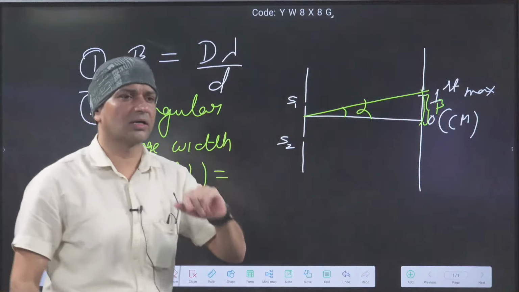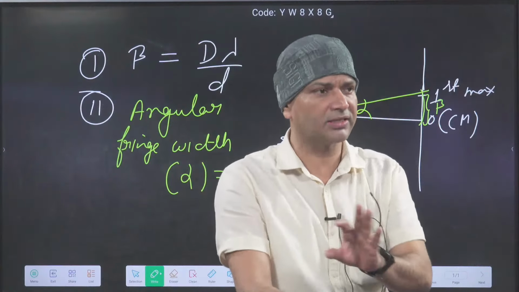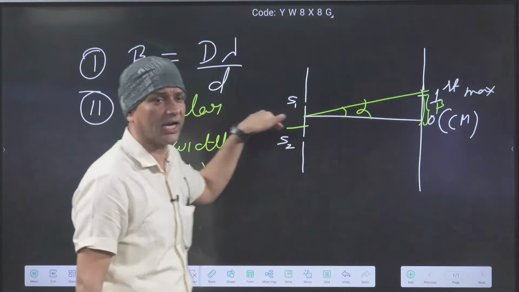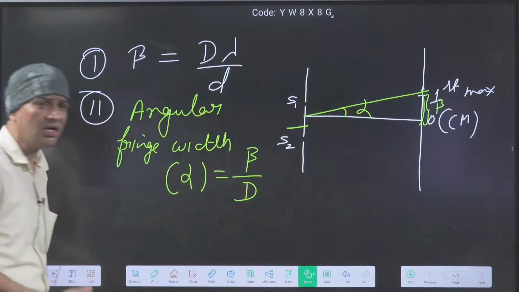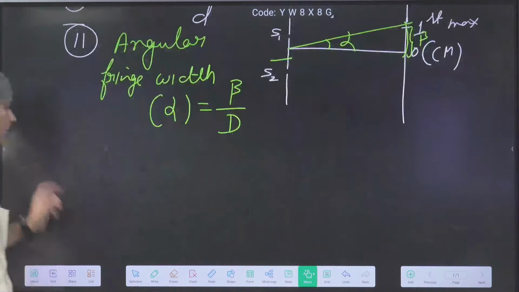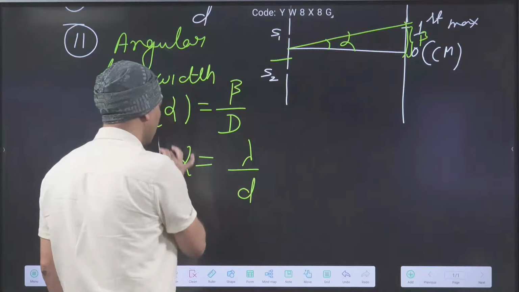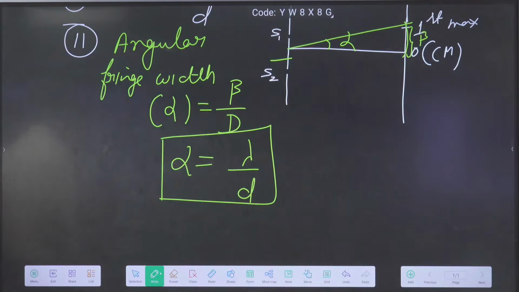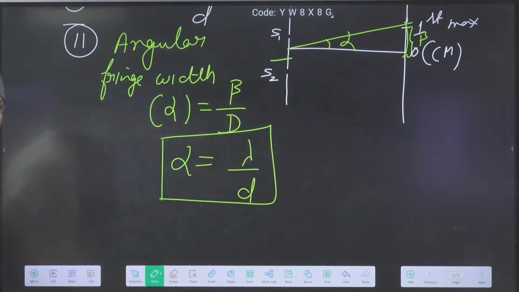We have learned that for a small angle, sine theta can be written as tan theta, which can be written as theta. So directly I can write alpha as the opposite side upon the adjacent side, which is beta by capital D. Beta formula is capital D lambda by small d, so we get lambda by small d. This formula you have to remember for the angular fringe width. And the fringe width is capital D lambda by small d. Up to this everybody got?